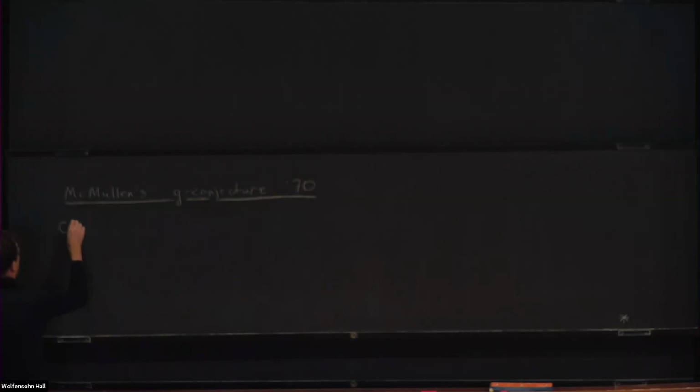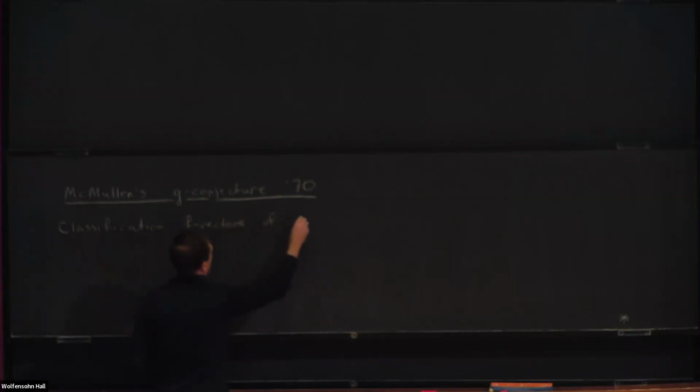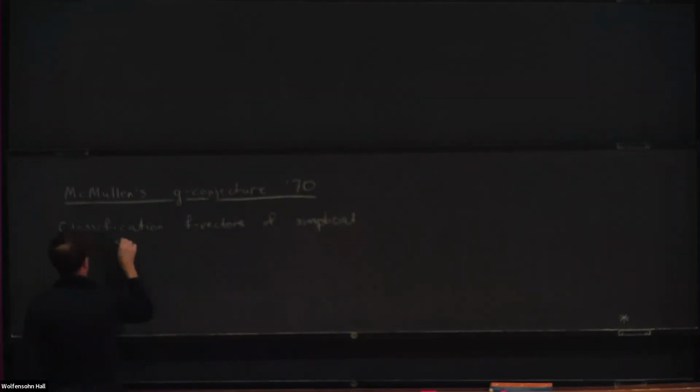So this is a classification of all the possible F vectors of simplicial spheres. Okay, so what does that mean?